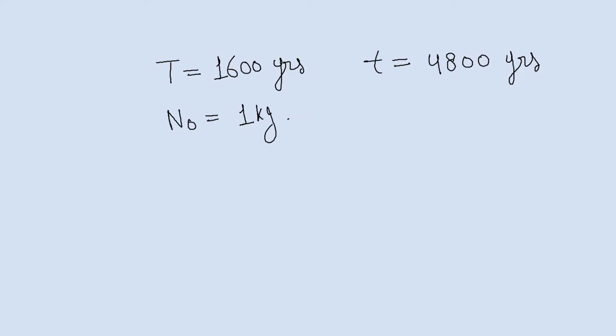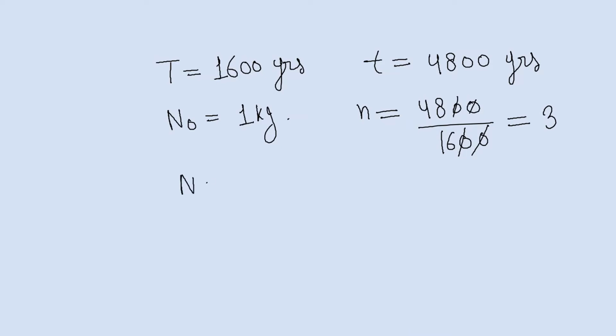Now find out the number of half-lives it will pass through in these many years. This will be 4,800 divided by 1,600. So n is equal to 3.